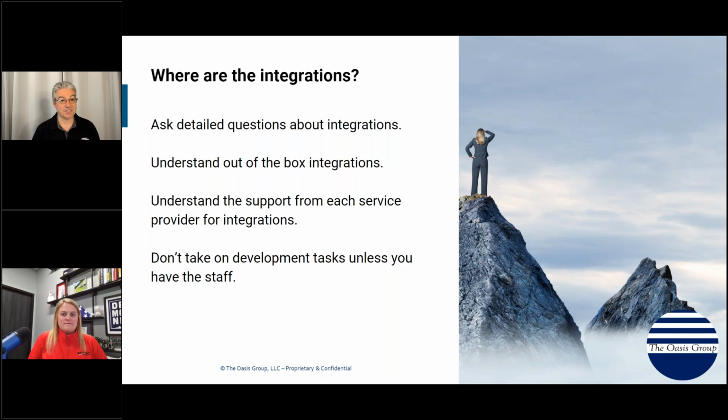Unless you have programmers on staff, you should be asking about what are the out-of-the-box integrations and precisely what data moves across those out-of-the-box integrations. So understanding what actually goes across, for example, in many cases, we find people will ask, well, I would like my investment management solution or my CRM to feed the current positions of a client into financial planning so that I can use that to iterate on the financial plan.